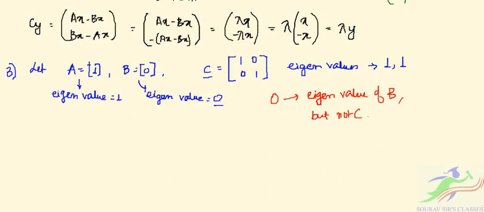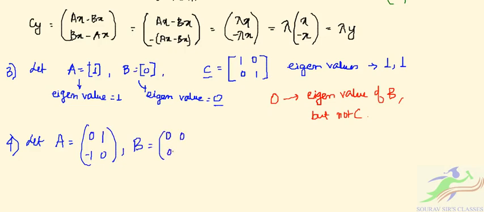Let us check option 4. Let A be the 2 by 2 matrix 0 1, minus 1 0, and B be a zero matrix. What will C be?